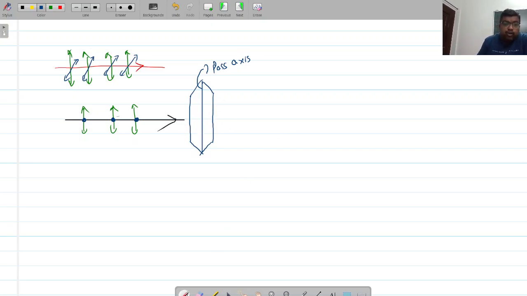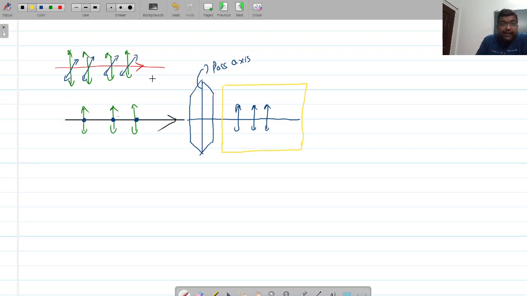So when the light emerges out on the other side, only the vibrations which are in the pass axis will be allowed to pass, and all these dots will be missing.